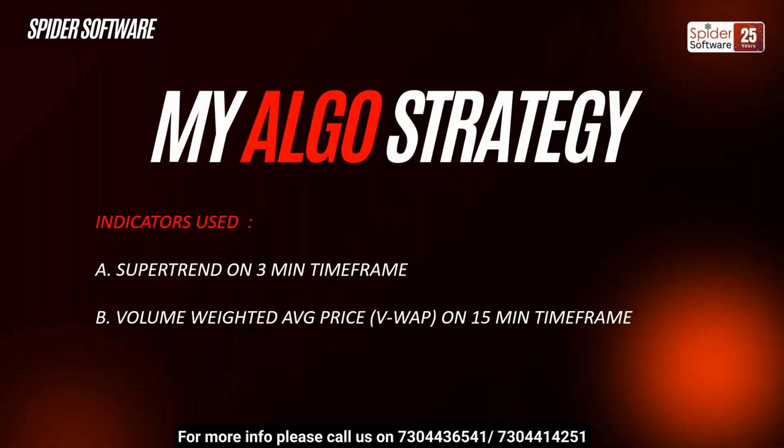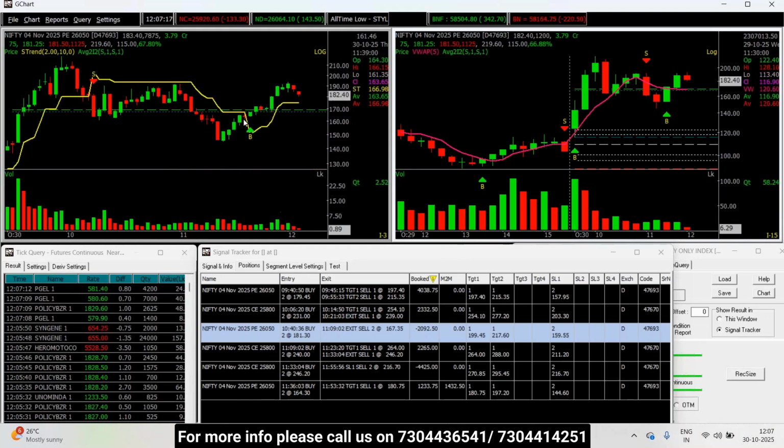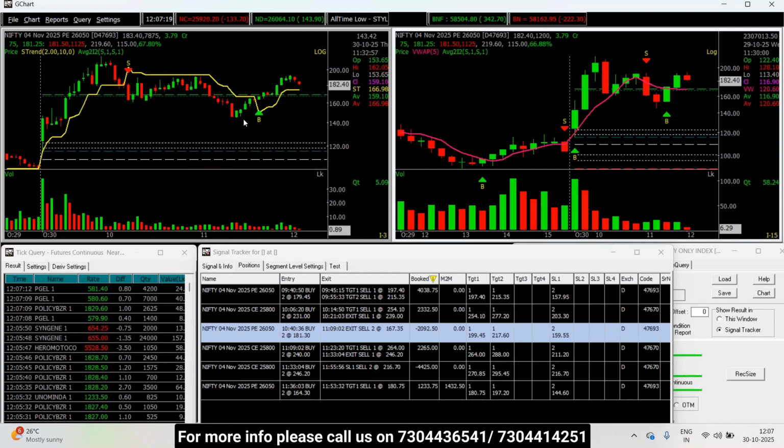The strategy I'm using is the Super Trend and VWAP strategy. I'll give you a brief about both. Here you can see two screens: the left side screen is on the Super Trend and the right side screen is on the VWAP.